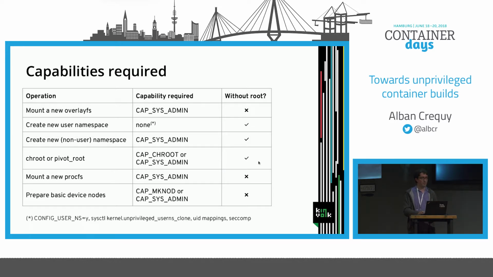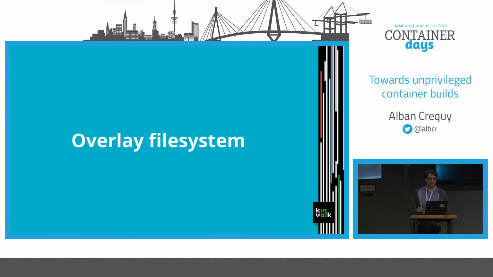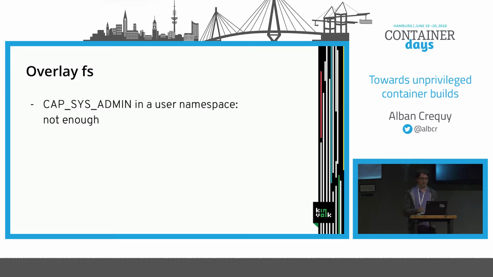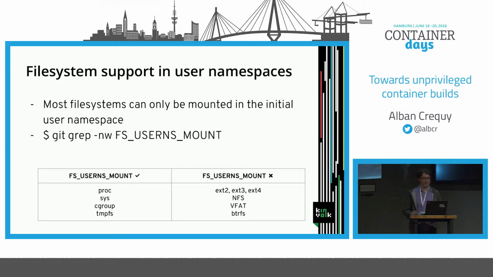Next, we'll need to set up the overlay file system. So far I've said we have CAP_SYS_ADMIN inside the unprivileged user namespace, but unfortunately, it's not enough for overlay. And there are additional restrictions that block us from doing that. It comes from the Linux kernel.